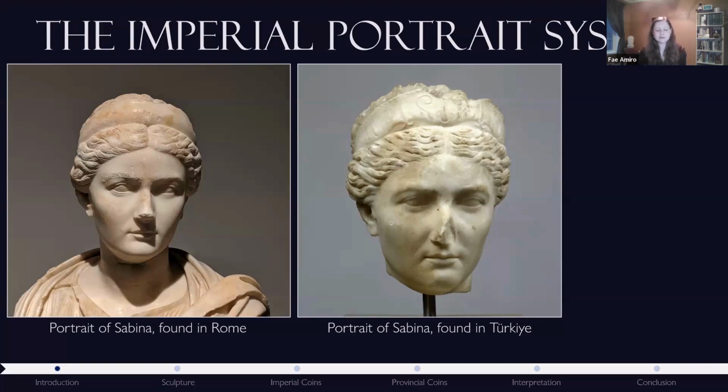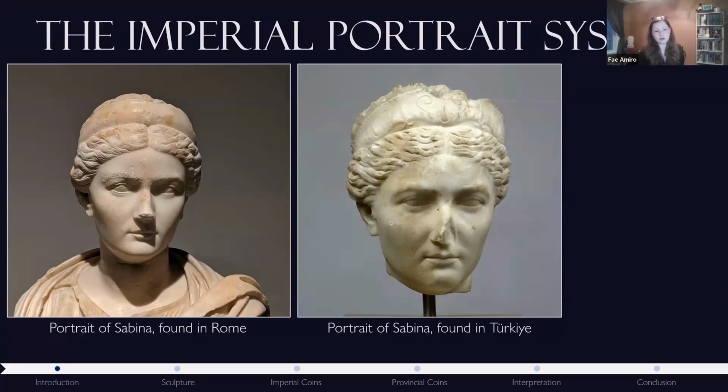Many of the biggest questions in portrait studies, therefore, regard the production of these images. While portraits in sculpture would pretty much always have been accompanied by an inscription that would identify the subject, and therefore identification was not a problem in antiquity.